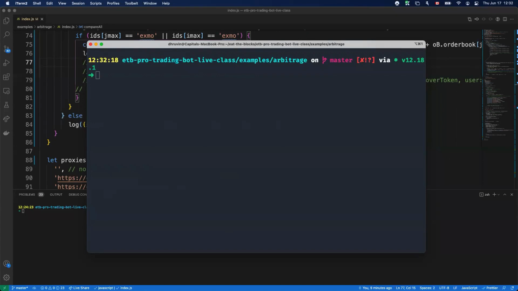Yes, CCXT is only for centralized exchanges. If you would like to trade on DEXs, then CCXT is not an option for you. You will have to use Web3.js for that. To get the data, you can use The Graph protocol, and in order to make the transaction, you can use either the Web3 or Ethers.js library. But this is focused on centralized exchanges.